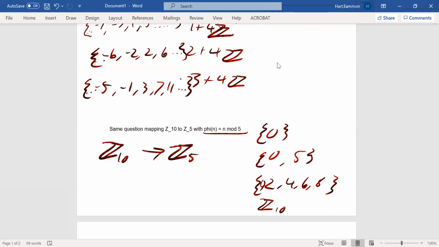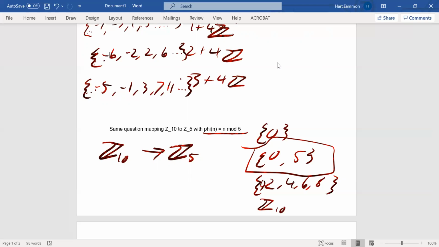So which of these looks like it's going to be the most relevant for mod 5? That one, the group generated by 5, the cyclic group that's associated with 5, right?